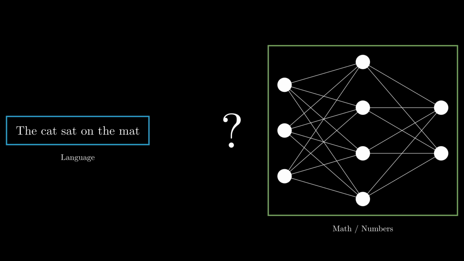Before we can do any complex math, we need to break the sentence down into manageable pieces. We can't treat the entire sentence, "the cat sat on the mat," as one single thing. We need to look at its components. So the first thing a transformer does is chop the input text into a list of, well, for now, let's just call them pieces.